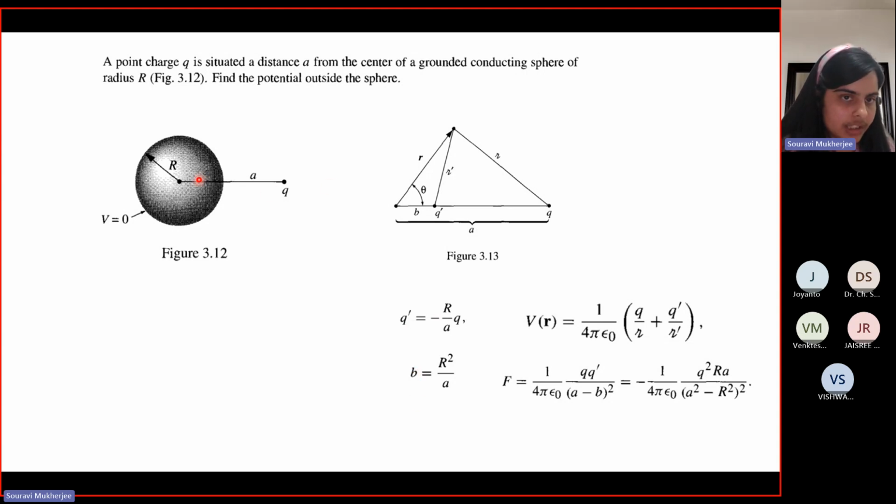So somewhere inside, you have a Q prime charge at some distance from the center, and if you put that charge, these values come out in such a way. So how do we get to these values? We choose a Q prime and a b such that the potential is still 0 on the surface. Okay. So if you do that, then you have a much simpler solution, and you can use it to find the potential. Okay.